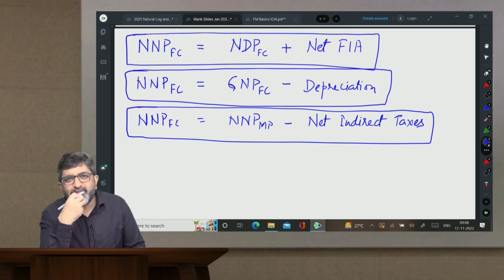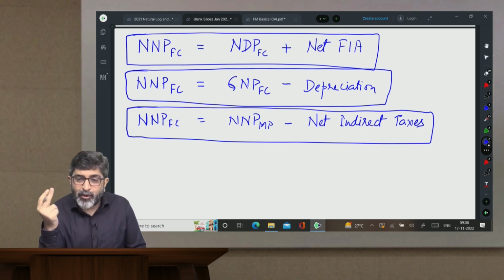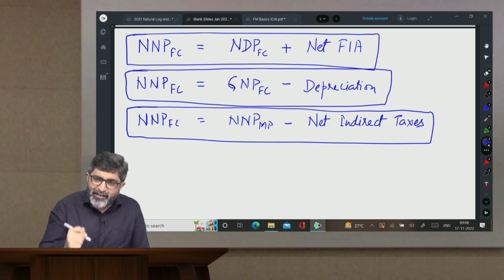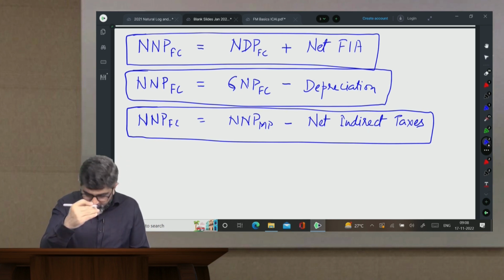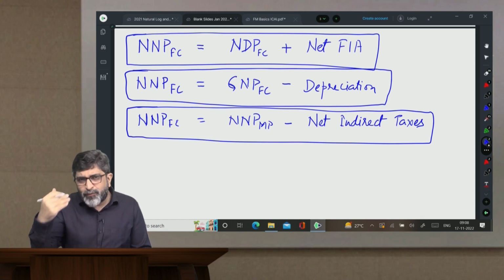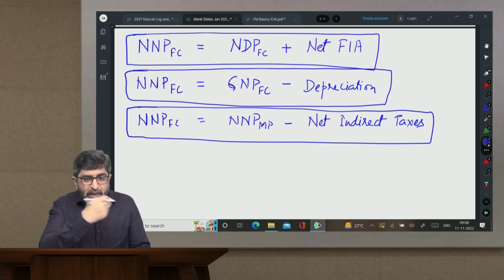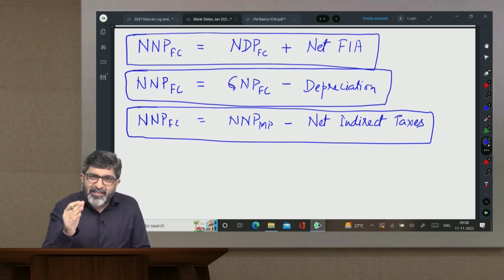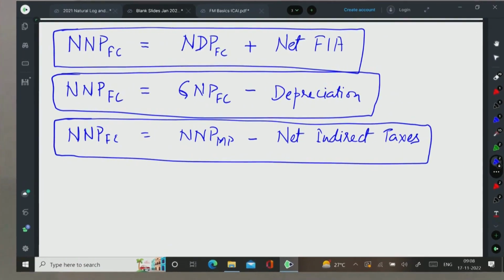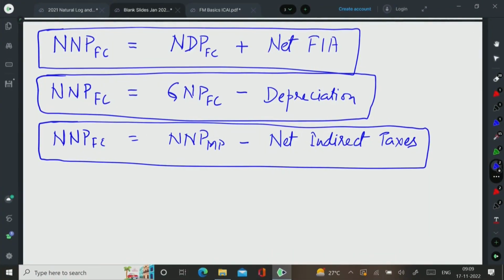That's it, and you get net national product at factor cost. And net national product at factor cost, which we have computed via any of these equations, is basically the determination of national income. I'll give you a minute to note this down, quickly write it up, and then I take you ahead.